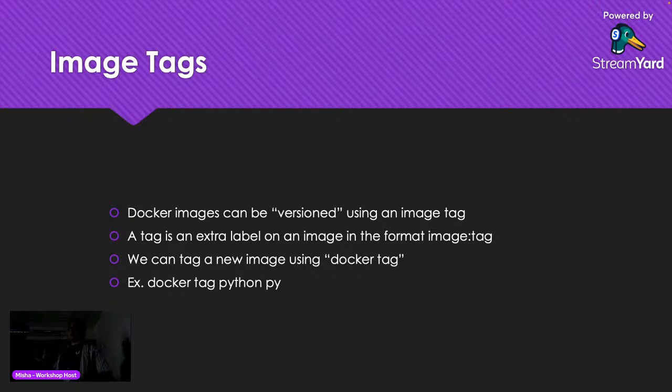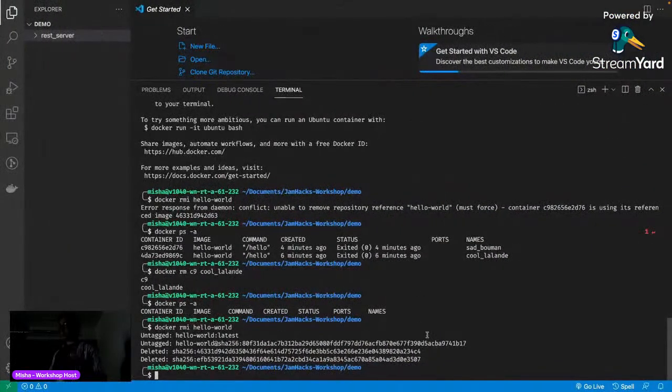And then what we can do is make a new image using docker tag. For example, we have the Python image, so we can make a new image that's the same template but with a different name. If we go back here, first let's pull a different kind of tag for the Python image. I mentioned before that the Python image is pretty big, so I'll pull a smaller one.